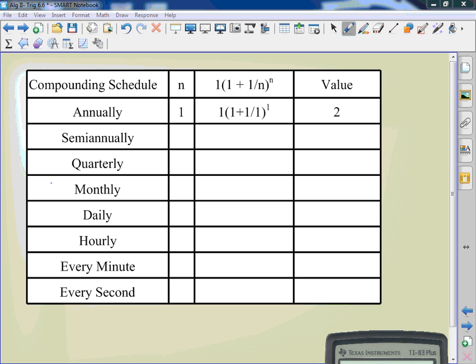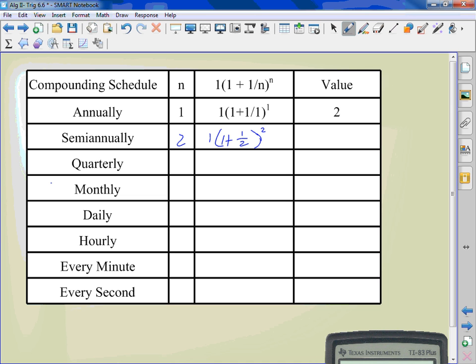What this is talking about is if I have $1 and I'm investing it at 100% interest. So after 1 year, I have $2. Semi-annually, that's 2, so I have 1 plus 1 half, to the 2.